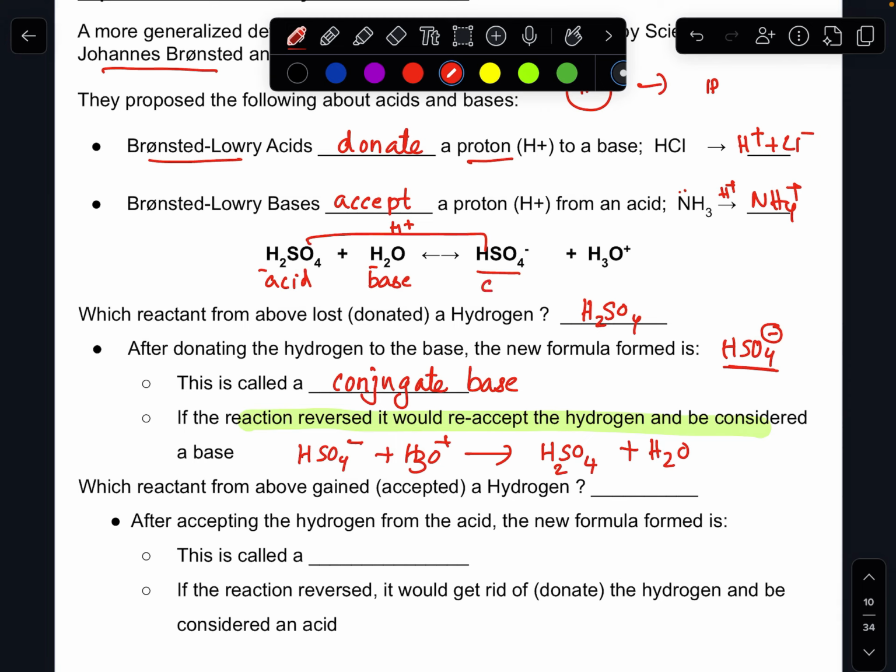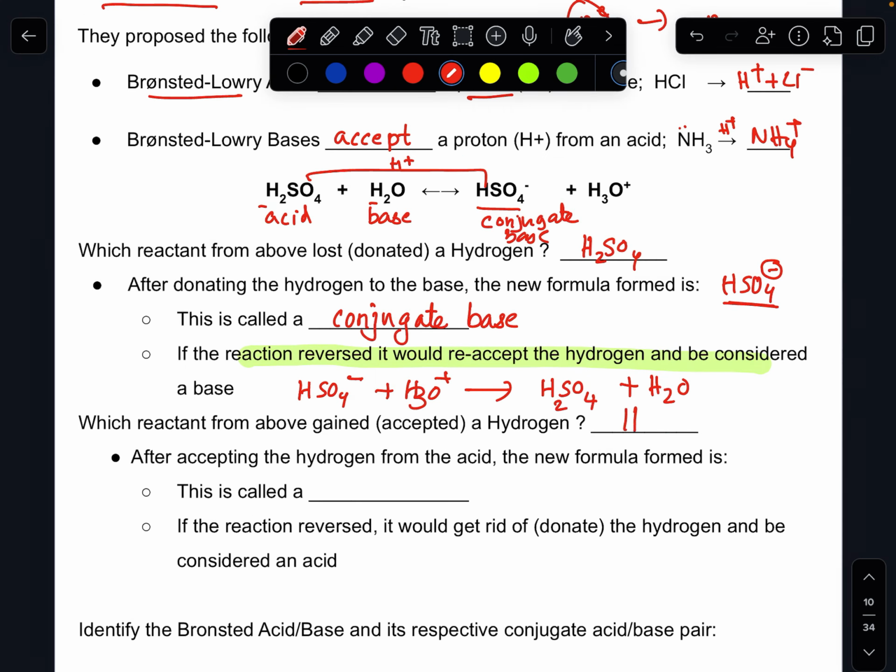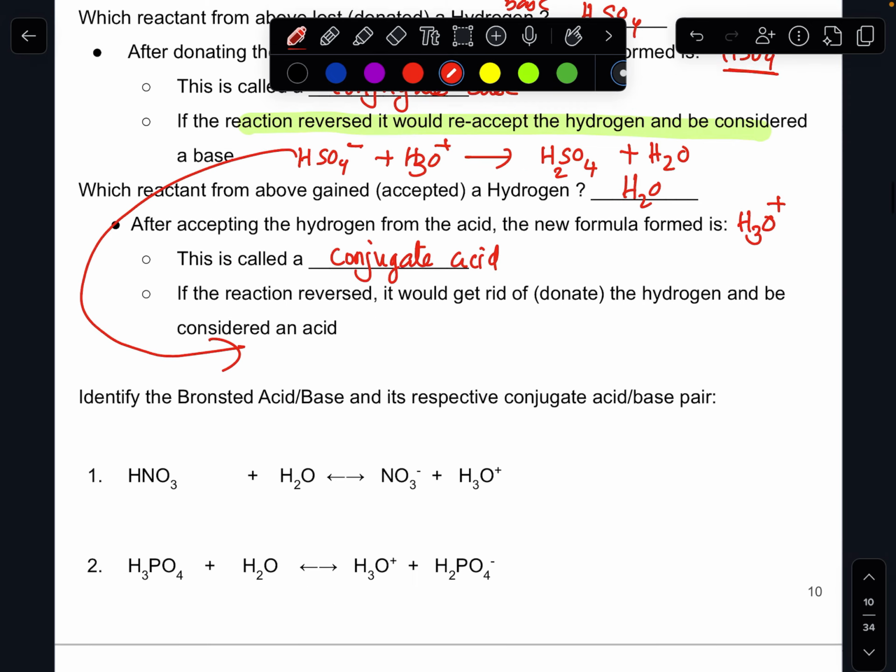So we will write, this is a conjugate base. Same thing, water, after gaining a hydrogen, will form the hydronium ion, and that is called a conjugate acid. Same thing, you are going to write that reaction here.